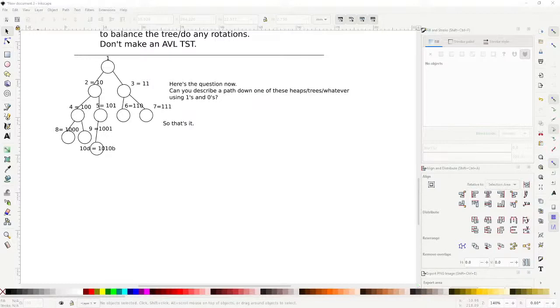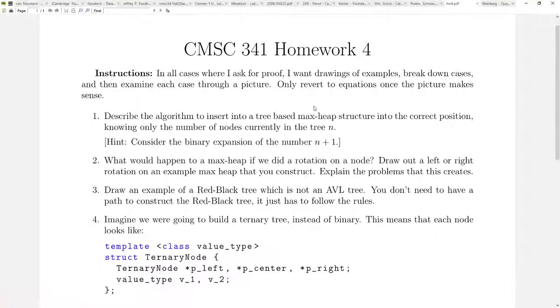Does it say to draw exclusively? Oh, in case I want drawings of... no, it doesn't say that. No, it says exactly the opposite of that, right? I want drawings of examples, break down cases, and then examine each case through a picture, right?